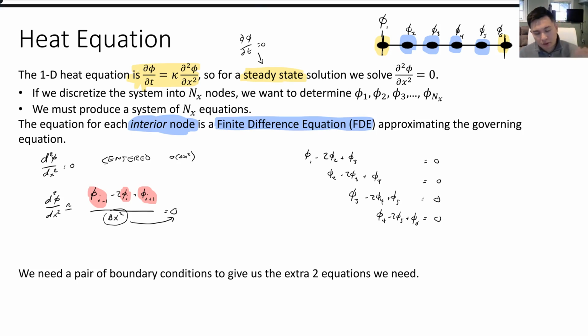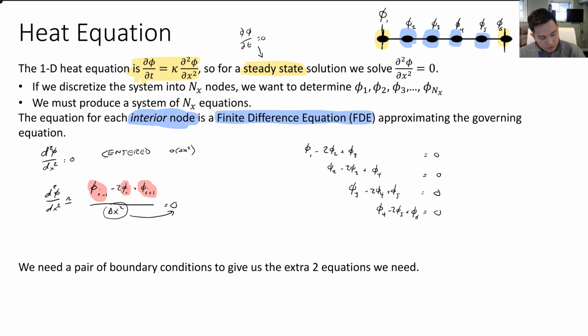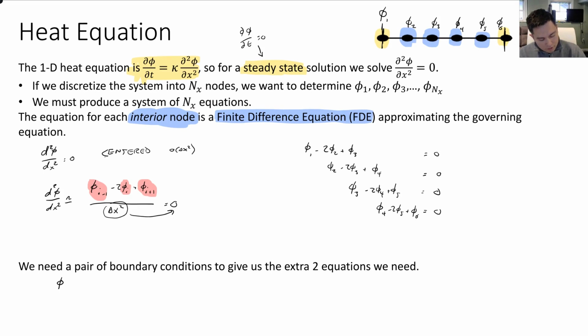Now for our 2 nodes that are at the edges of our system, we're going to instead use our boundary conditions. So we need a pair of boundary conditions to give us the 2 extra equations we need. So in this case, we would say that phi1 is equal to phi at x equals 0, for instance, would maybe be something like phi L for our temperature on our left edge, and phi6 is equal to phi at x equals big L, the total length of our domain, which we might say is equal to phi r.